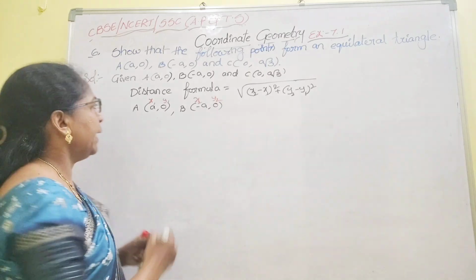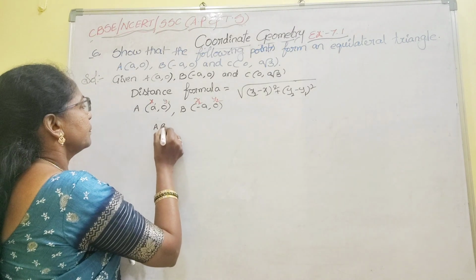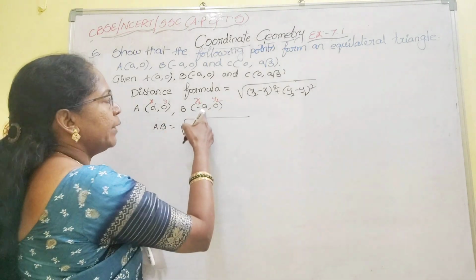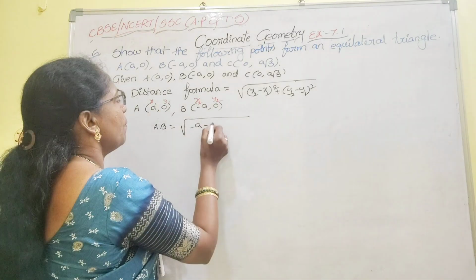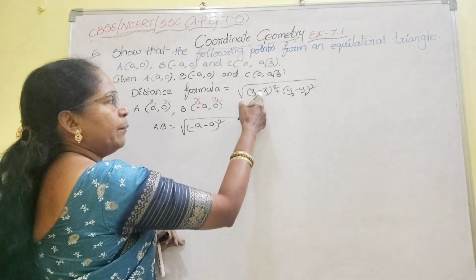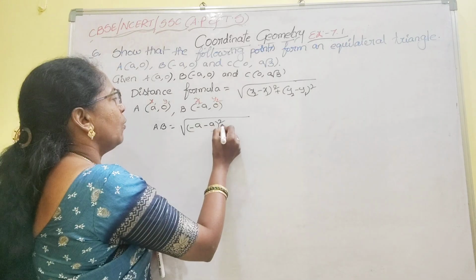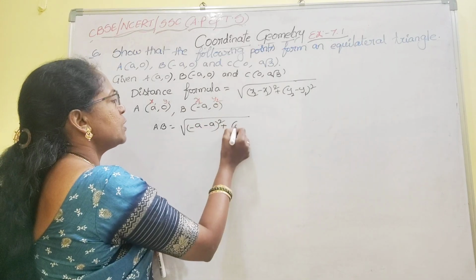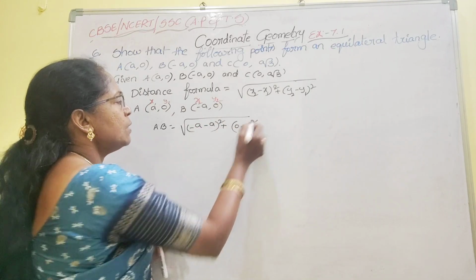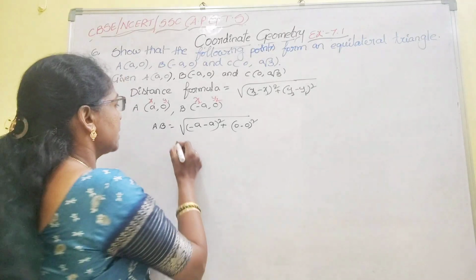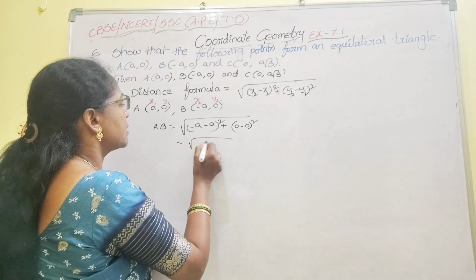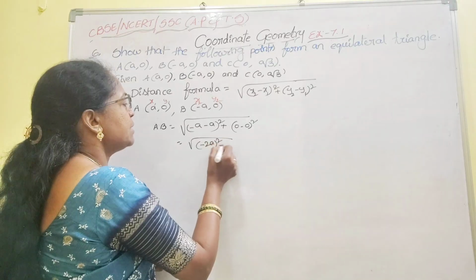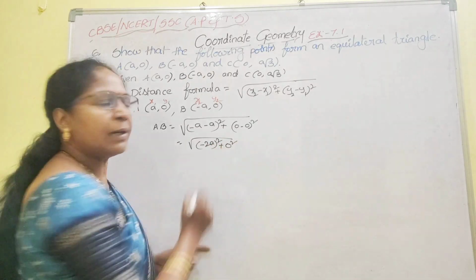AB distance, AB equal to square root of, where x2 equal to minus a, x1 equal to a, whole square plus y2 equal to 0 minus y1 equal to 0, 0 minus 0 whole square. That equal to square root of minus a minus a equal to minus 2a whole square plus 0 square, that is nothing but 0 only.